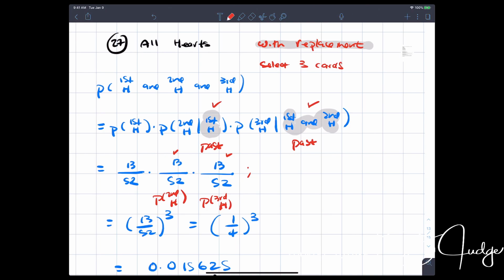And since B has no effect, this is analogous to being independent events. There we go. You guys are completely right.